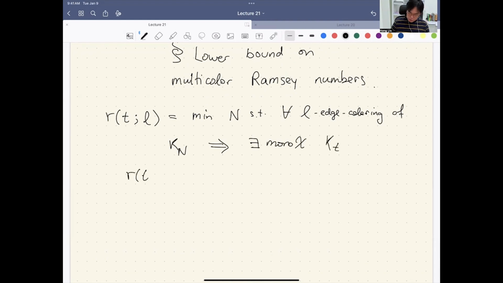So the standard diagonal Ramsey is just this, in this notation, the two-color Ramsey number. Okay.